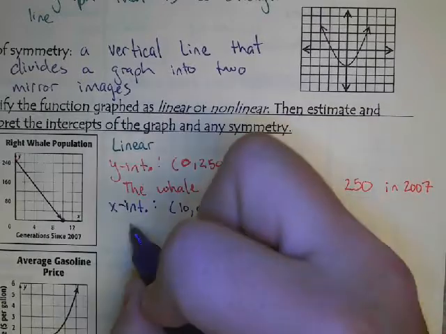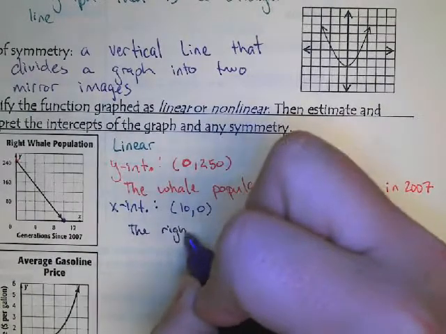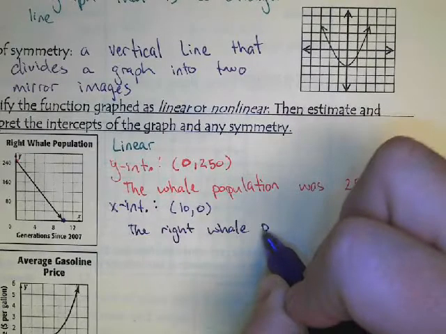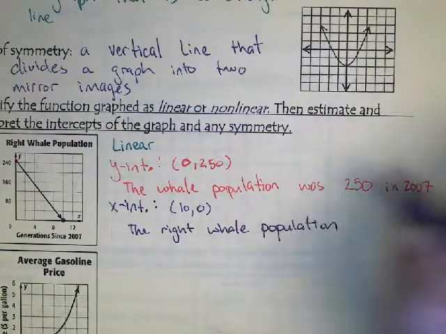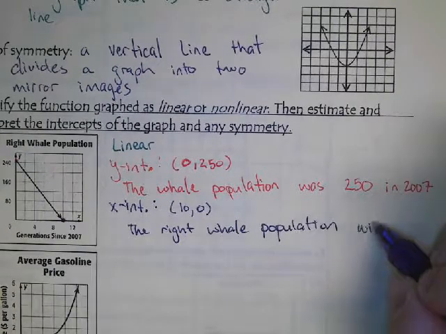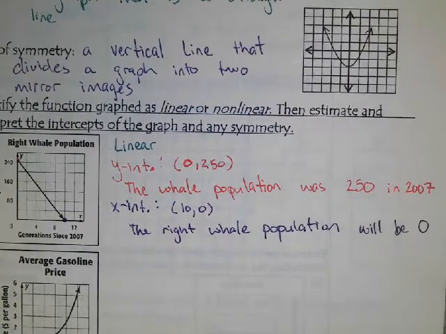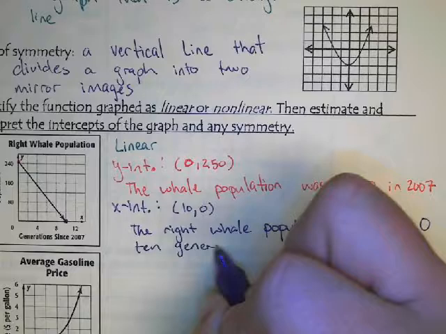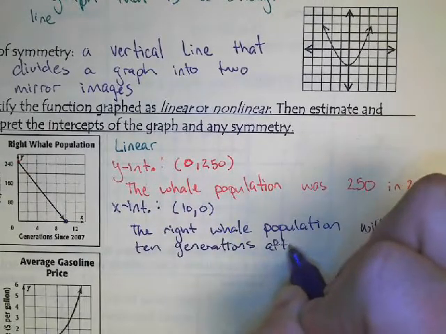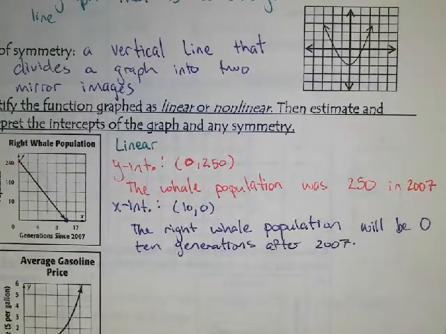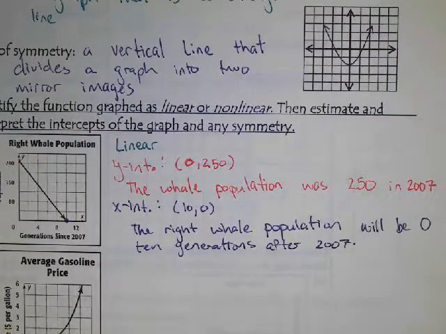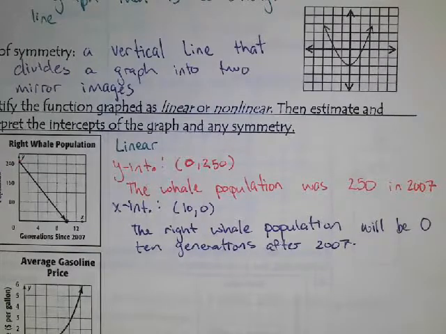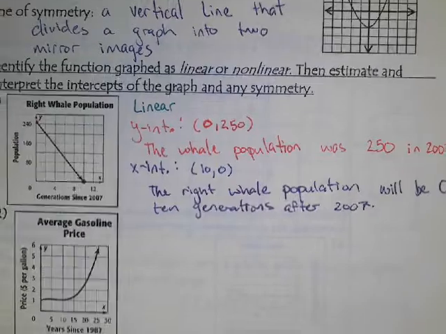So what we can say is the right whale population will be 0, 10 generations after 2007. So that's how we can interpret these intercepts, actually giving some context and some words to these values.